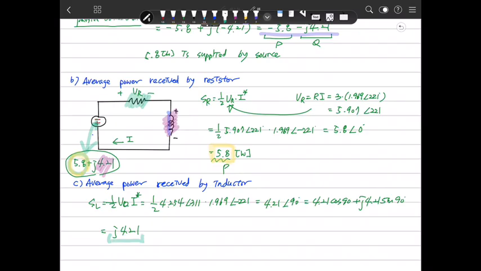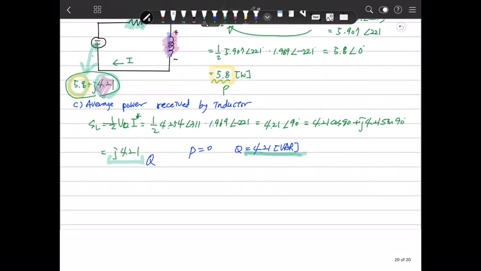So there is only Q: active power is 0 and Q is 4.21 VAR. So what the source supplies in reactive power is consumed by the inductor.